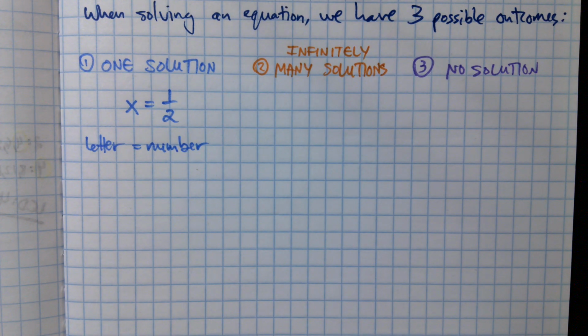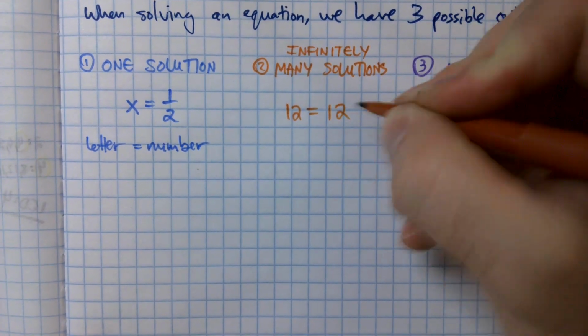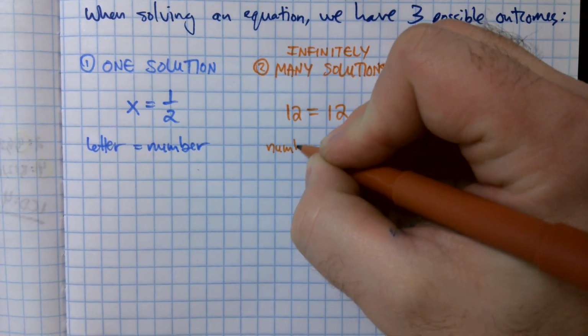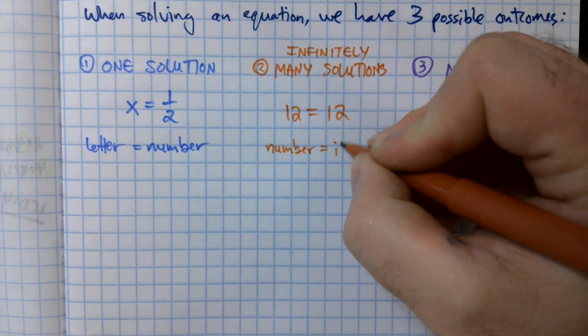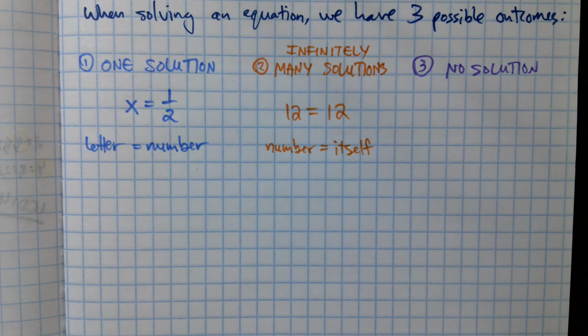How do I know that I have infinitely many solutions? Does anyone remember what that result might look like? Yeah, Ben? 12 equals 12. Exactly. 12 equals 12. If I end up with a number equaling itself, I know that I have infinitely many solutions.